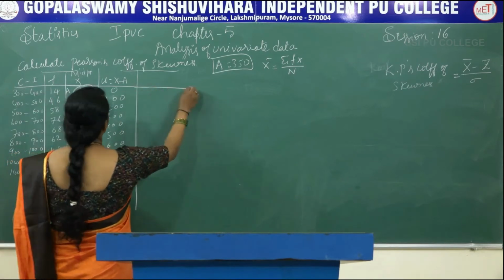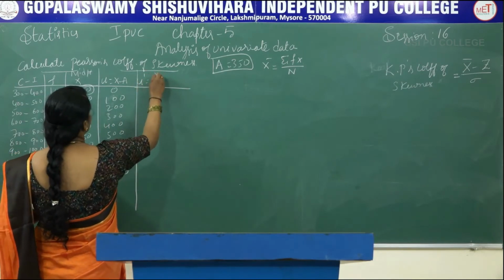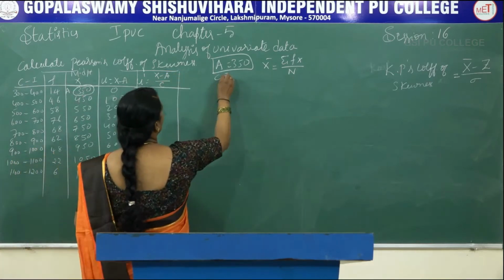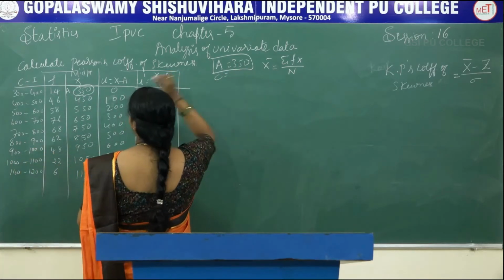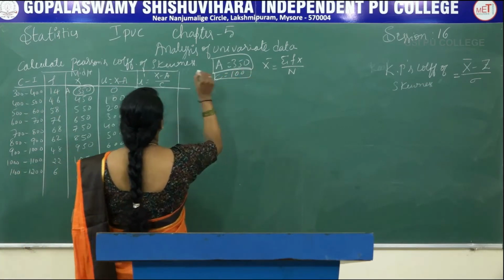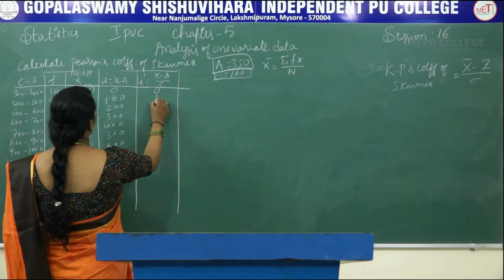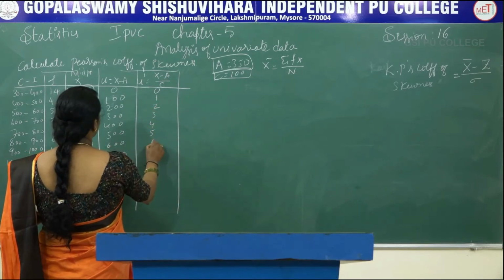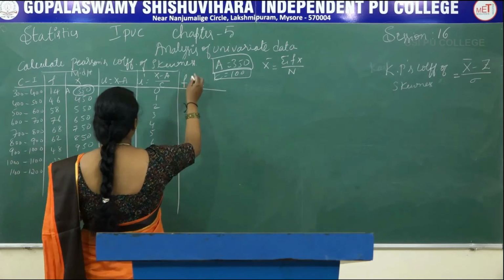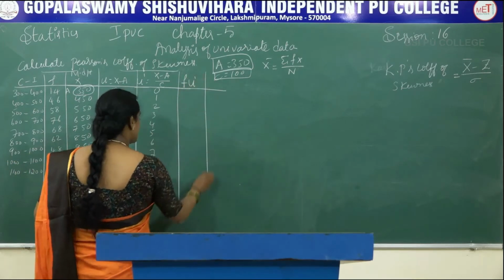Again, for this I will take u dash. u dash is x minus a divided by c. Here c is the width of the class interval, that is 100. This becomes 0, 1, 2, 3, 4, 5, 6, 7 and 8. Next is f into u dash.